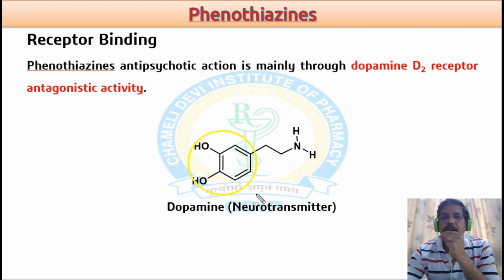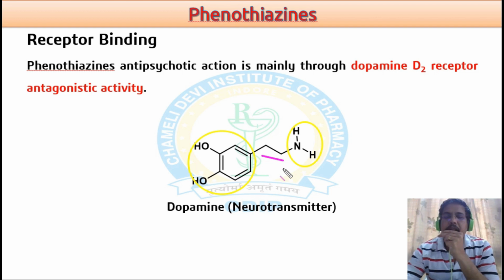So if you look at the structure of dopamine, this has the catechol portion, amine portion, and the linker or bridge, that is 2 carbon.